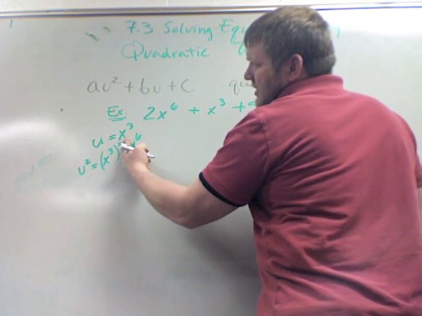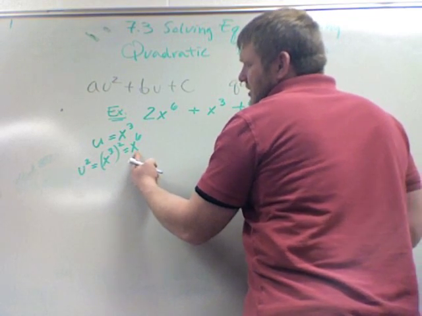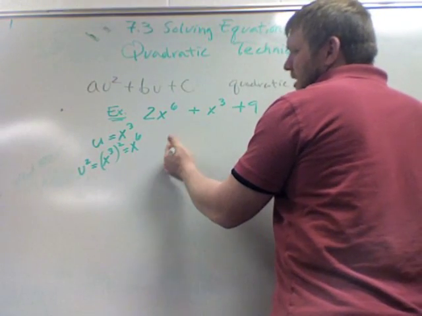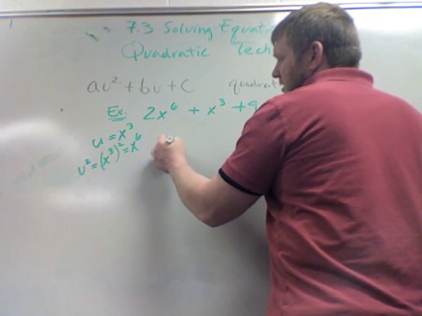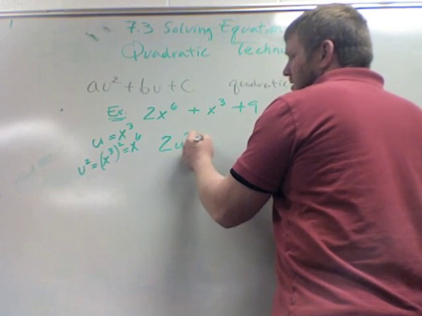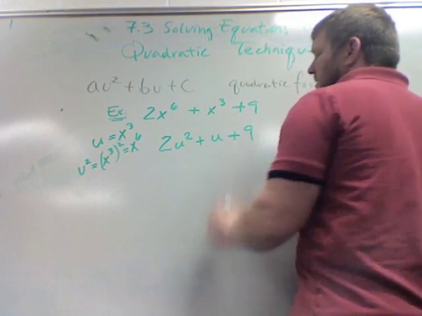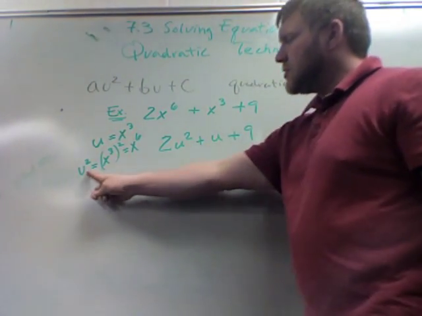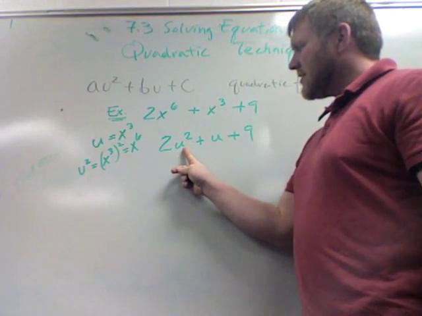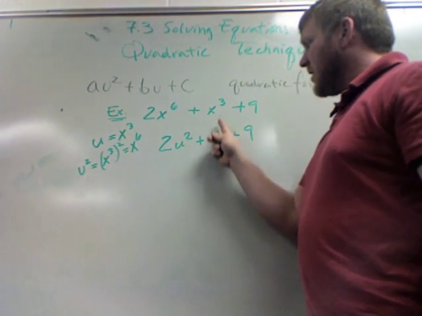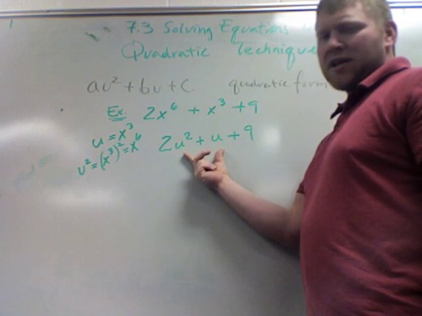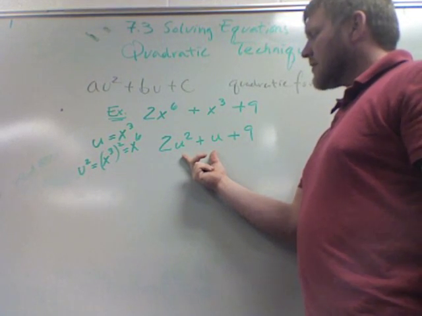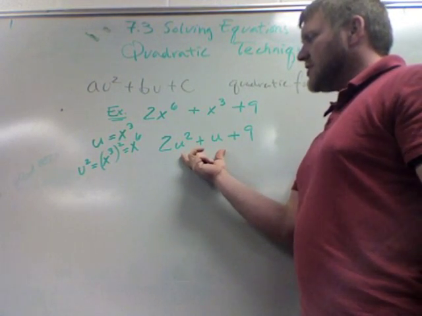So u equals this, u squared is equal to this. Now I'm going to substitute that in, so I'd have 2u squared plus u plus 9. U squared is x to the 6th, u is x cubed. So now it's in the form of a quadratic. That's u substitution.